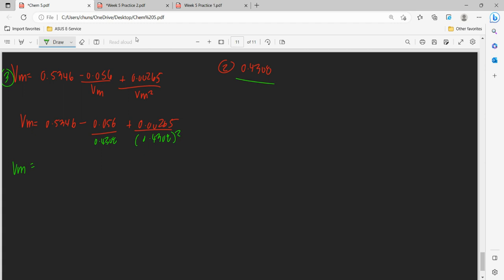And this is equal to, so this number keeps getting smaller, but it's still in the same neighborhood, 0.418. And this is meters cubed per kilomole. And it only wanted 2 iterations, so we're going to stop just there.